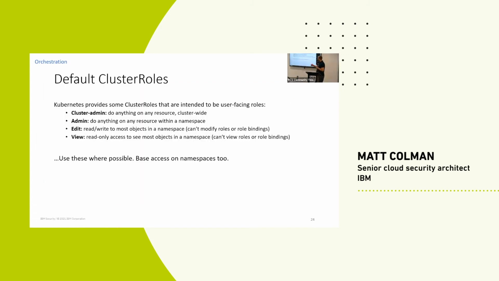Okay, so as I mentioned, role-based access control permissions will be assigned to some default roles within Kubernetes. These ones come out of the box, but you can create your own.